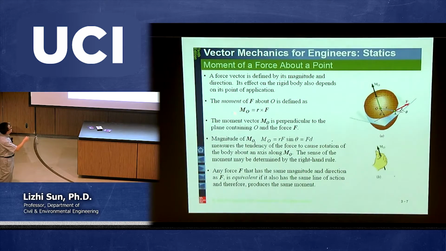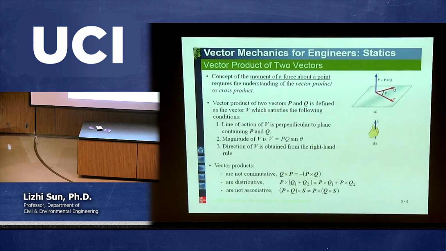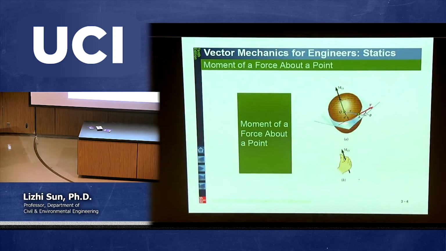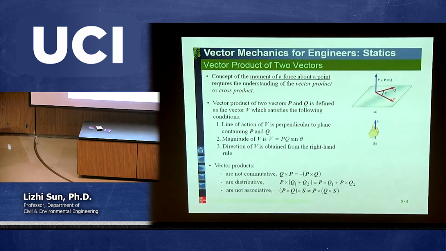Before we give you the definition, R cross F, I need to first talk about what is called the cross product. So I'm going to spend 2 slides to talk about the cross product before we introduce the moment of a force about this point. And of course, I'm pretty sure you somehow learned the cross product between 2 vectors, so I'm going to do it in a quicker way.